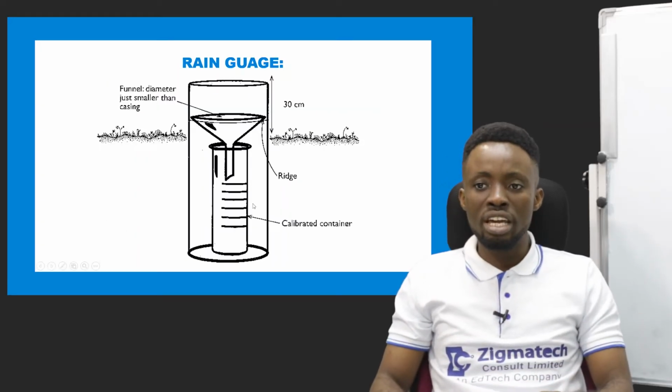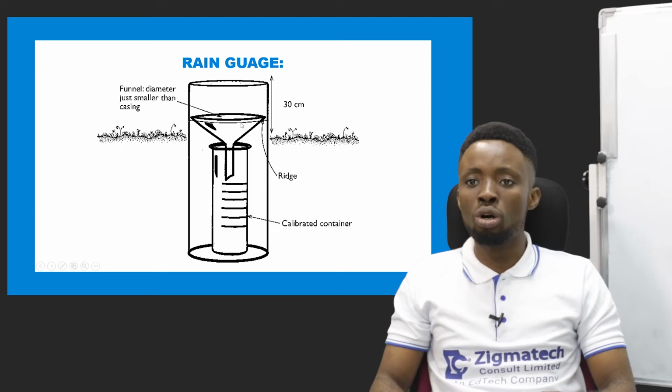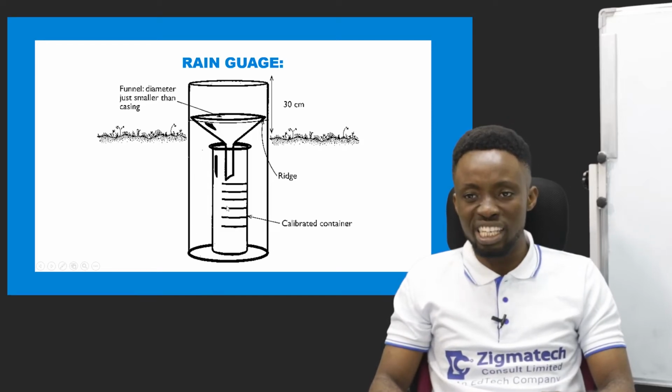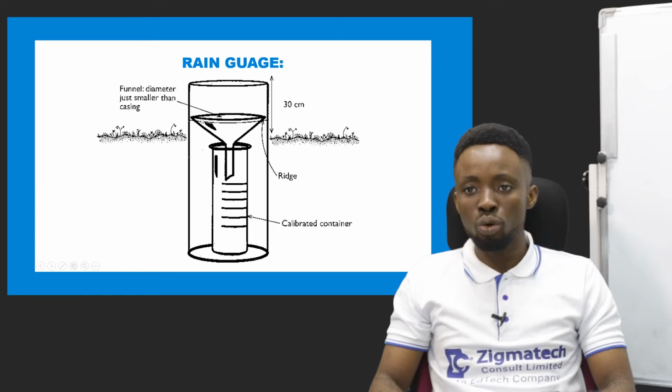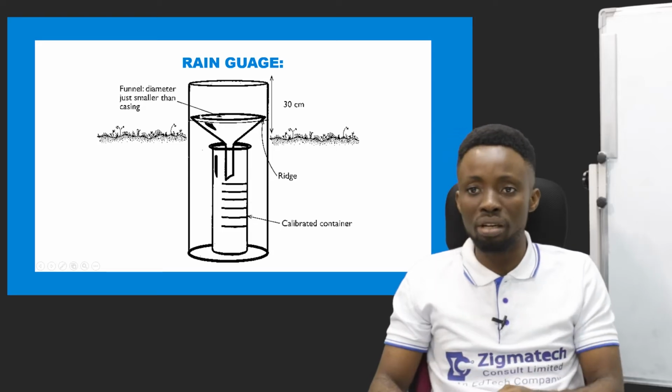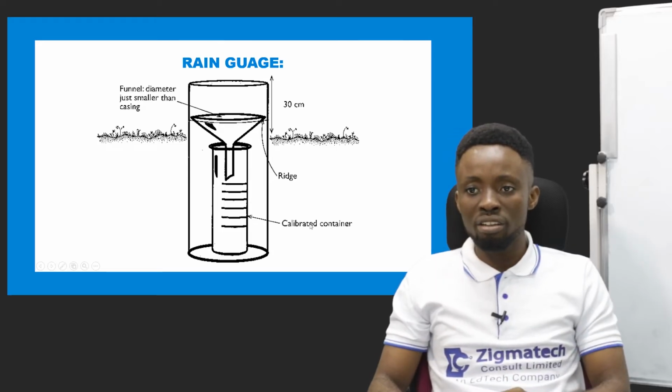So this is a typical illustration of what a rain gauge looks like. We have the outer cylinder and the inner cylinder. Then we have the funnel that is 12 to 20 centimeter in diameter, and the rain gauge is kept 30 cm away from the ground.